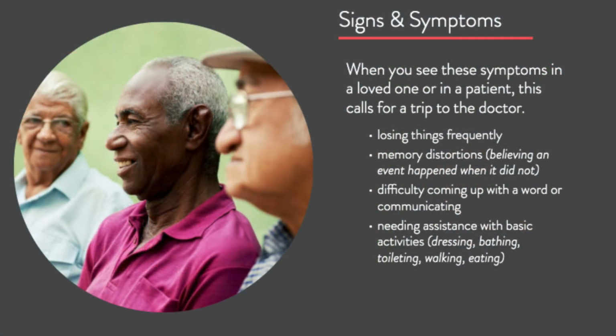When talking about the signs and symptoms of dementia, we should keep in mind that memory and cognitive impairment are intertwined, and that there is a natural progression of decline in brain function with age. What makes dementia different is that, as noted in a previous slide, the loss of function of the brain due to dementia causes an inability to perform everyday activities, such as paying bills, driving, preparing meals, and later, it becomes difficult to bathe independently, to use the restroom, to dress, to walk, or to eat.